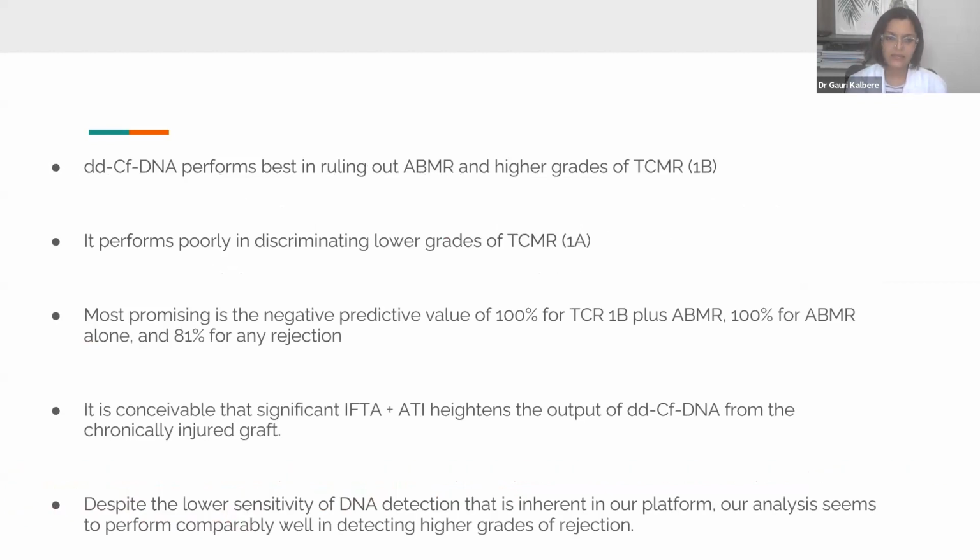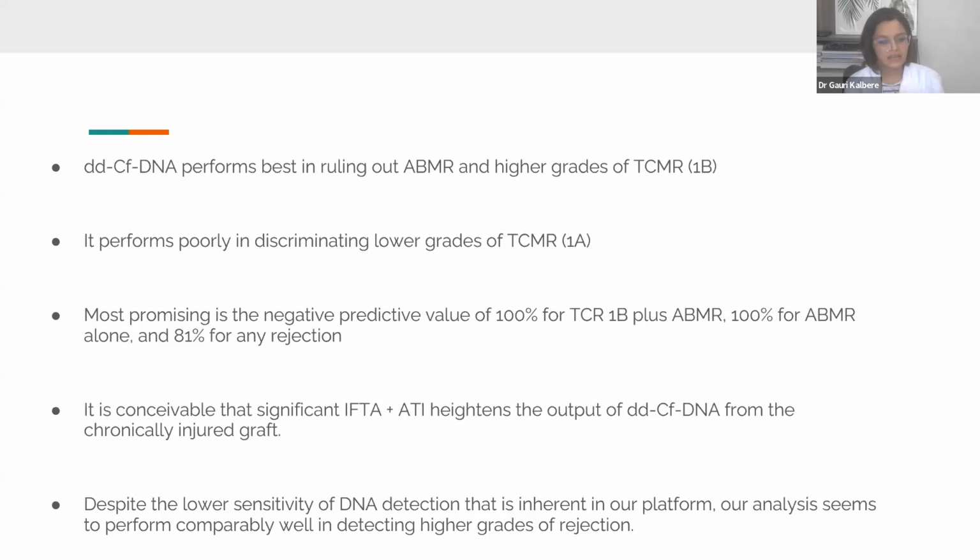Now, donor-derived cell-free DNA performs best in ruling out ABMR, as we discussed earlier, and higher grades of TCMR 1B. It performs rather poorly in discriminating lower grades of TCMR. Most promising among all the studies was the negative predictive value of 100% for TCMR 1B plus ABMR, 100% for ABMR alone, and overall 81% for any form of rejection.